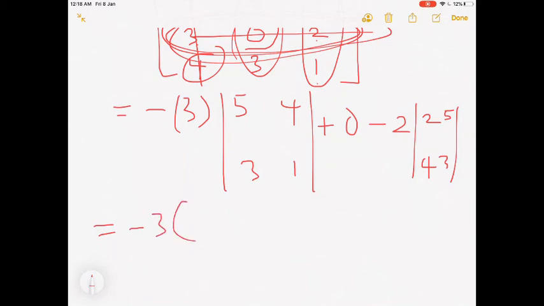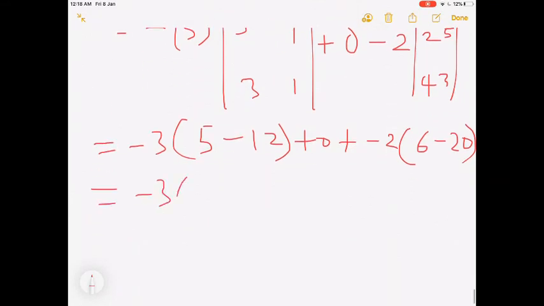As you can see, this is the determinant of this newly created 2 by 2 matrix, which is 5 minus 12, plus 0. I'm just going to skip that and proceed to minus 2, and the determinant of this other newly created matrix will be 6 minus 20.